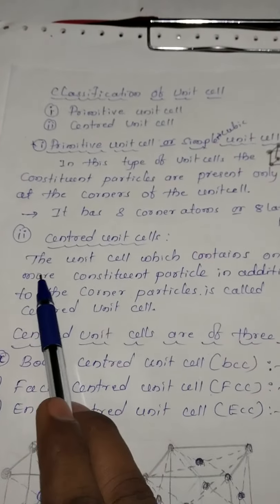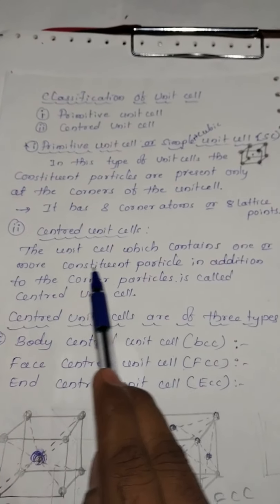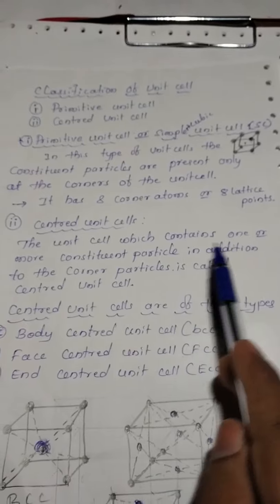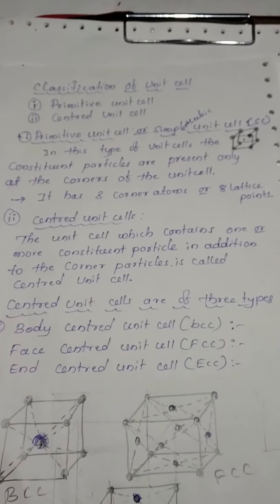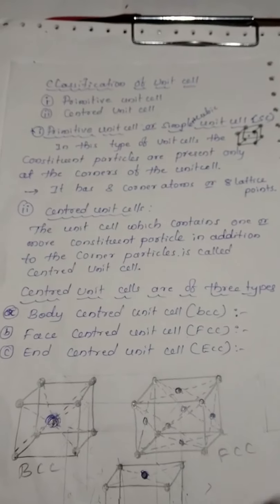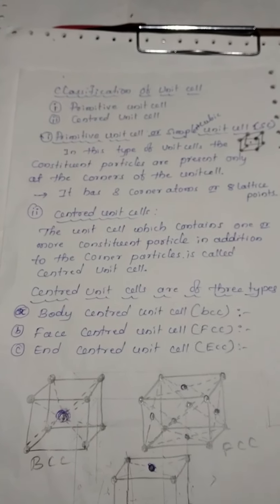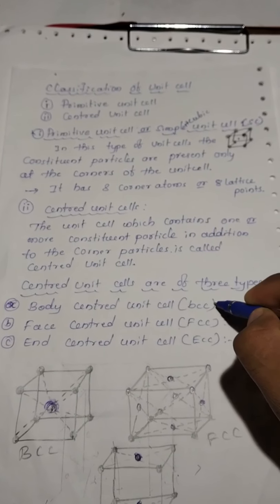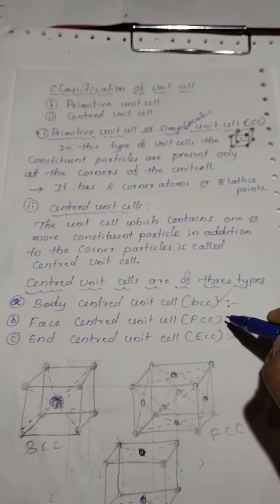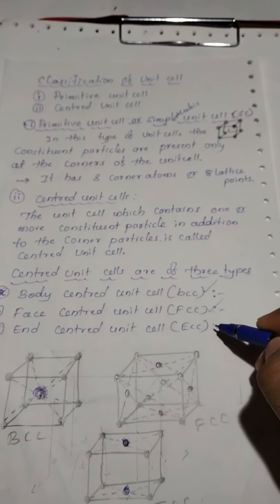The unit cell which contains one or more constituent particles in addition to the corner particles is called a centered unit cell. Again, centered unit cells are of 3 types. First one, body centered unit cell. Second one, face centered unit cell. Third one, end centered unit cell.